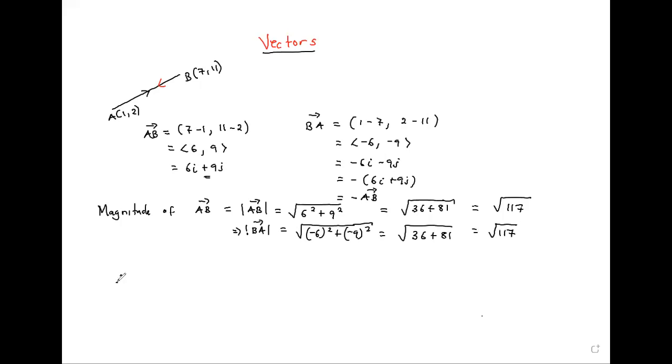So what we have learned here is that 1, how to get a vector between 2 points from here. 2, how to get the magnitude. 3, that the magnitude of AB is the same as the magnitude of BA. We have also learned that this AB, if you change the direction, we'll get negative BA.